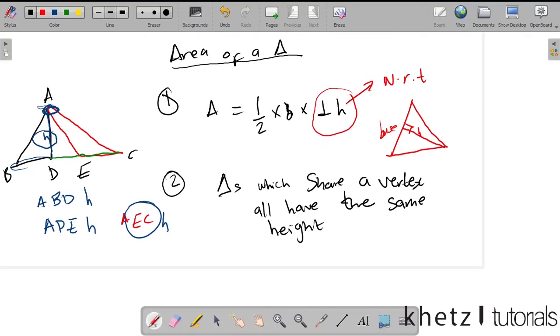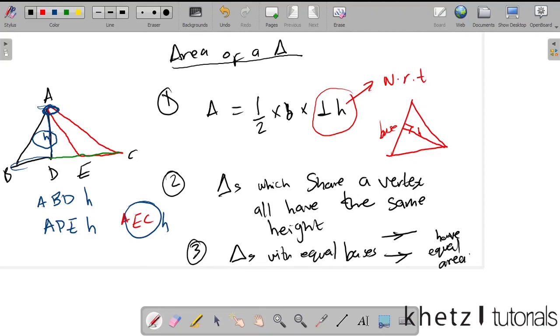And that point says, so this is point 3, triangles with equal bases found between parallel lines have equal areas, right?